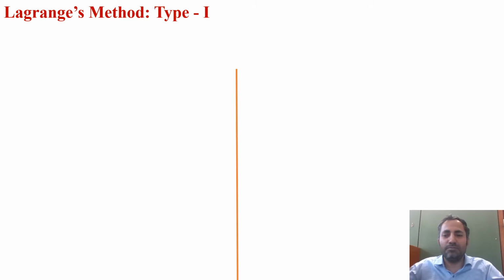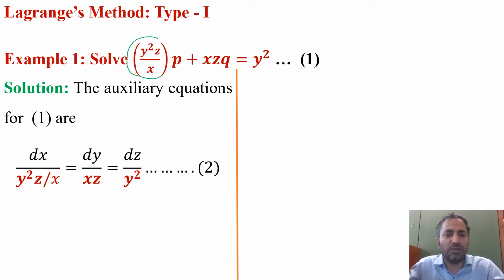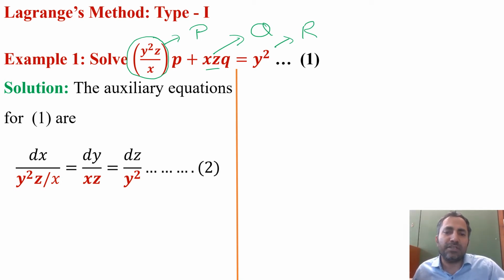Now we can move to the question or example. In example 1, the coefficient of small p we identify as capital P, this xz we identify as Q, and y square we identify as R. After identifying capital P, Q, R, we go for the auxiliary equation.